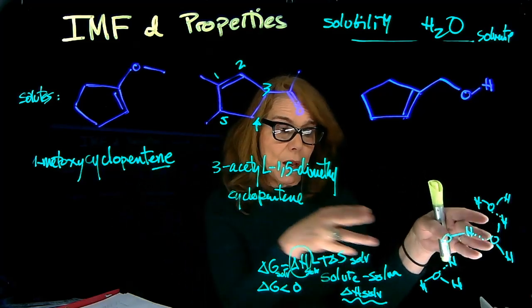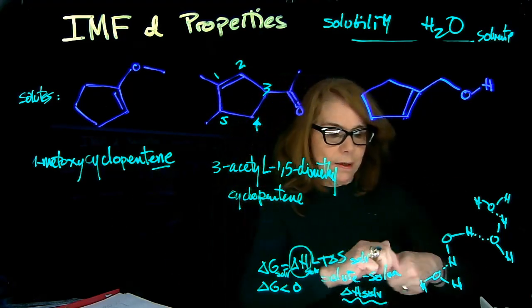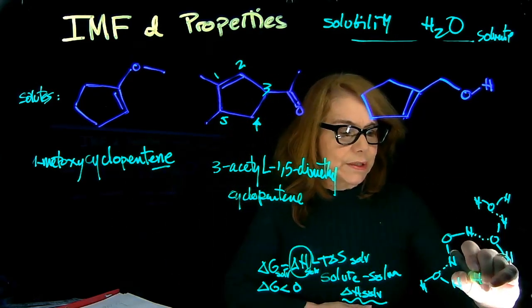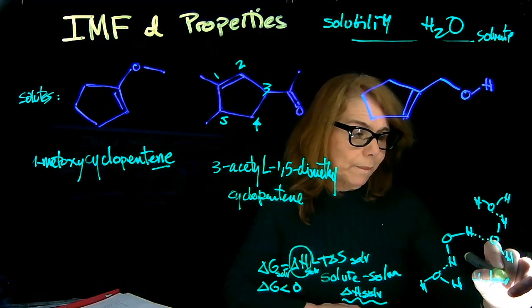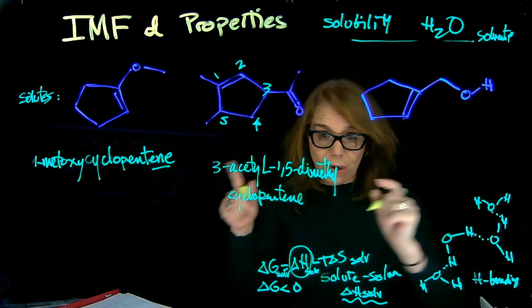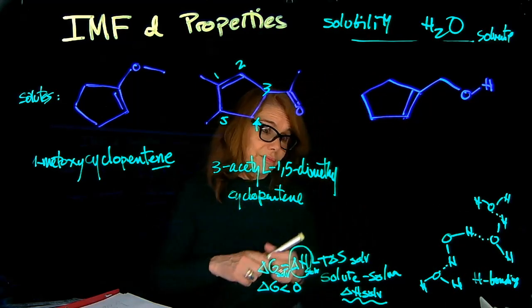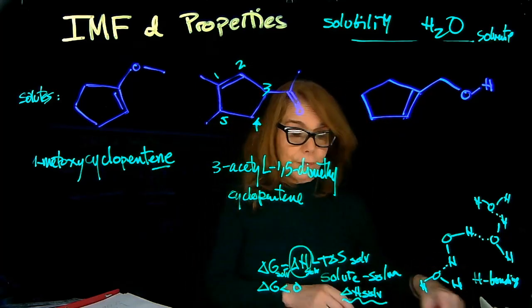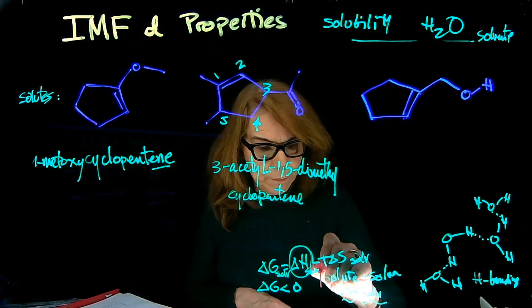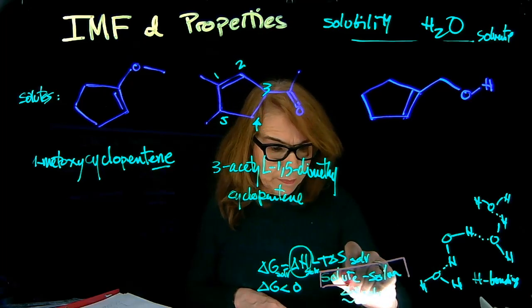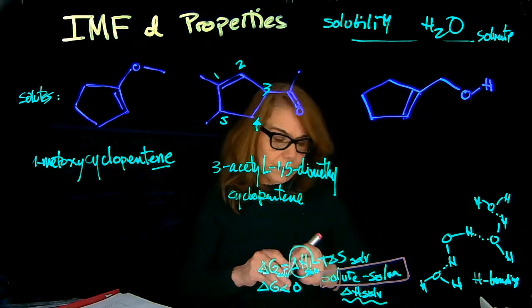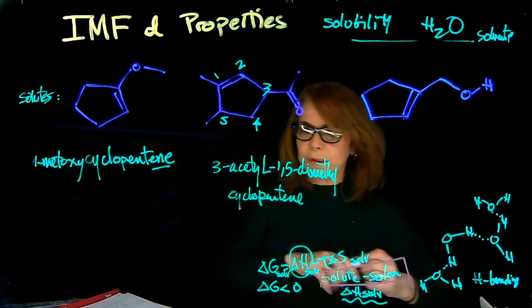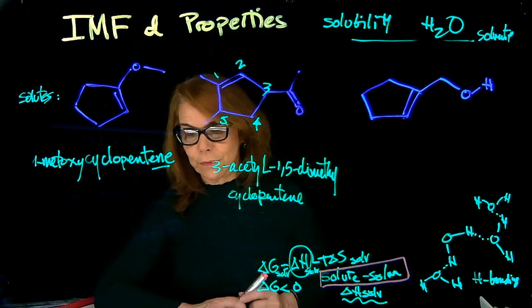And again, here I need to break an important interaction, which is hydrogen bonding. I'm trying to see what we have in the solute. Can we replace those interactions by some favorable interaction of about the same energy between solute and solvent? Let's see if we can do it considering the intermolecular forces.